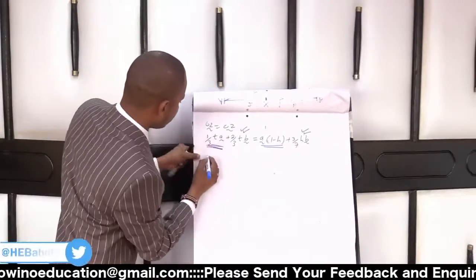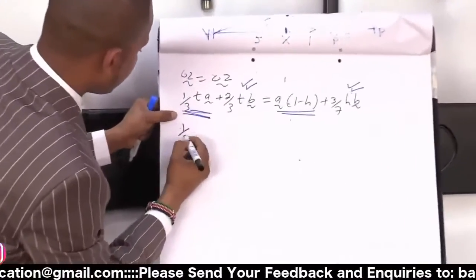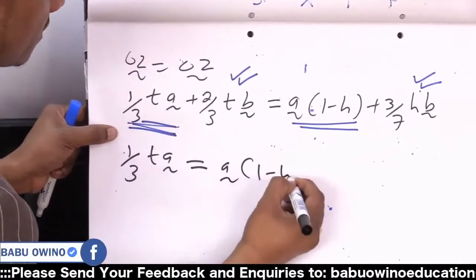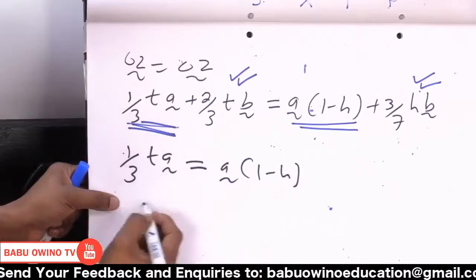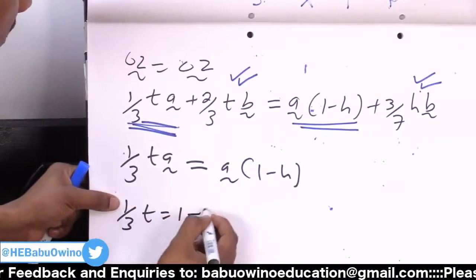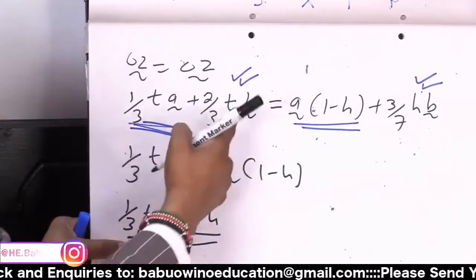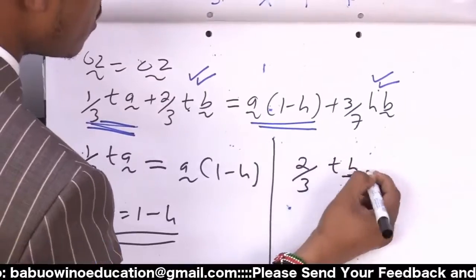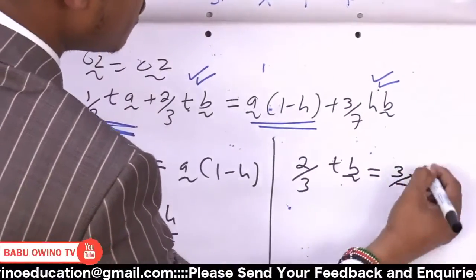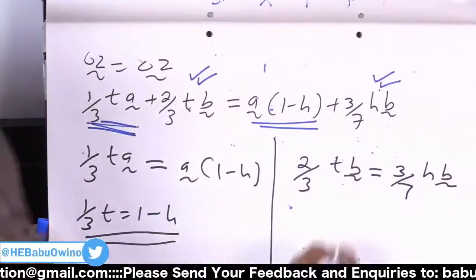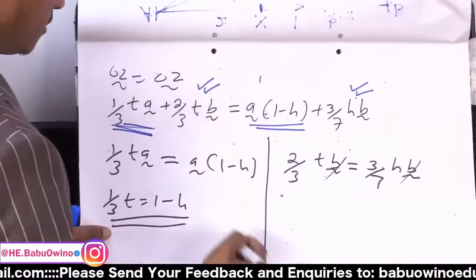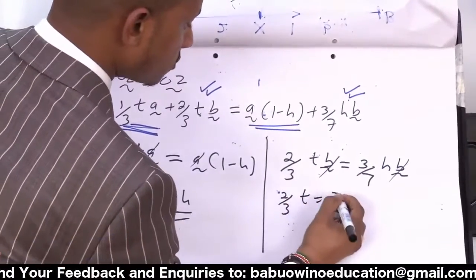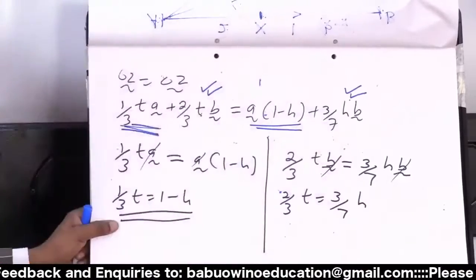So here we will have a third TA equals A into 1 minus H. So A and A cancel, so you remain with a third T equals 1 minus H. Then the other one, we have 2 over 3 TB equals 3 over 7 HB. Then B cancels with B. So here you remain with 2 over 3 of T equals 3 over 7 of H.